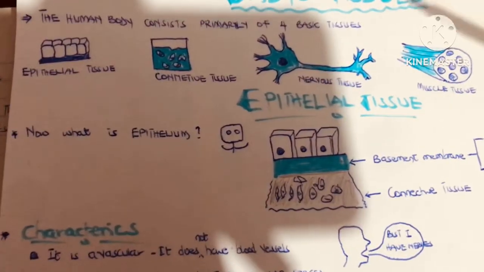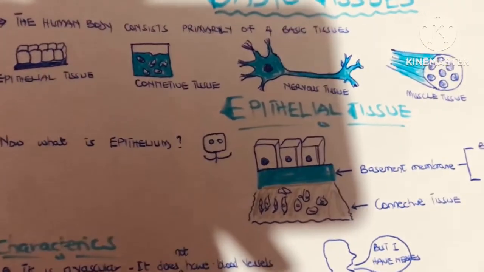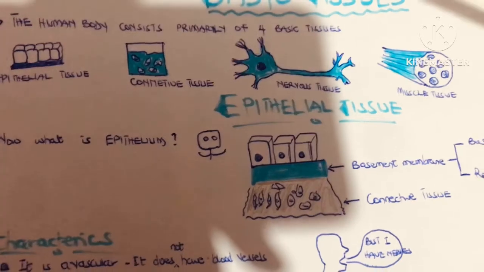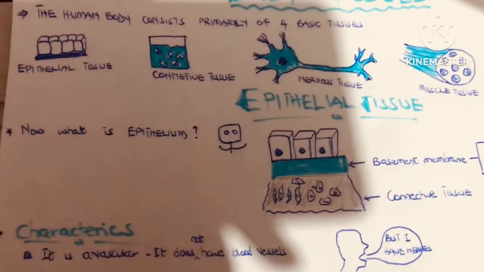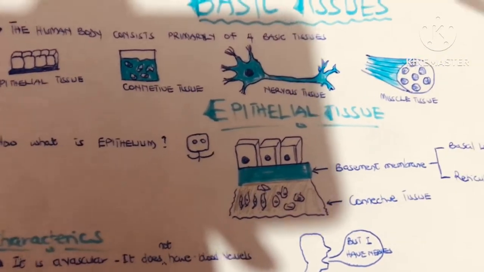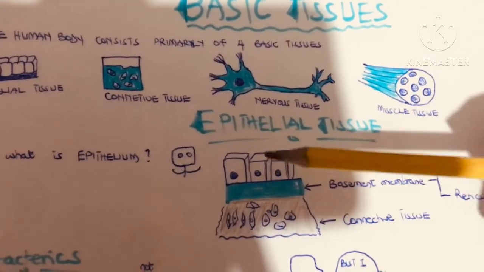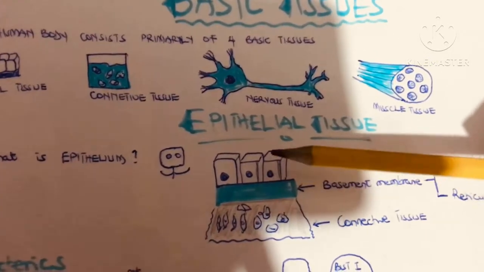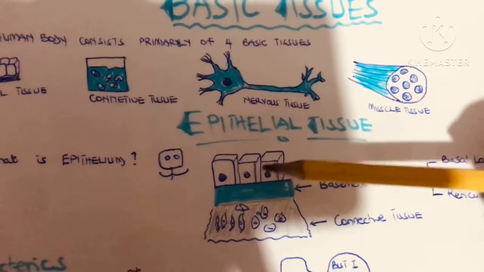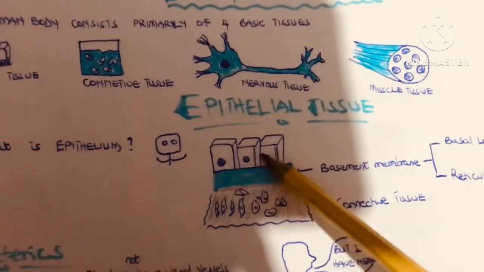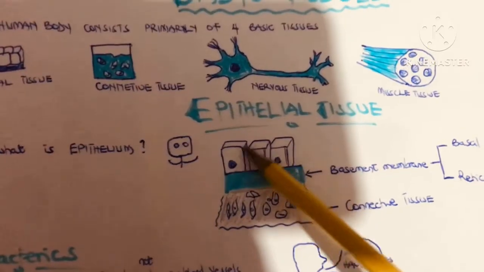Now my question is, what is epithelium? Maybe you've heard it before. One may say epithelium is made up of closely packed cells. So you can see that these are the epithelial cells, and they are closely packed.